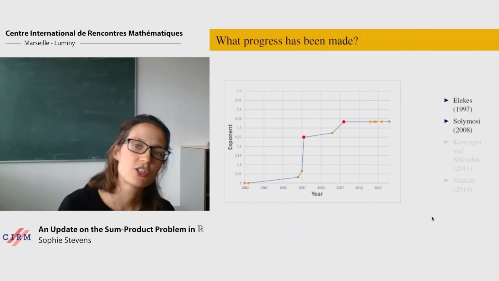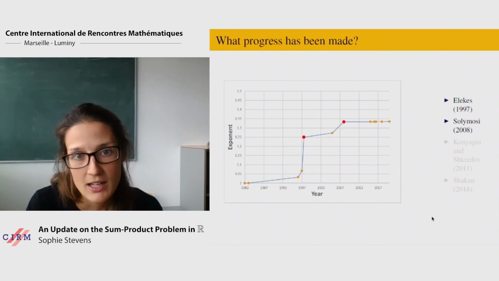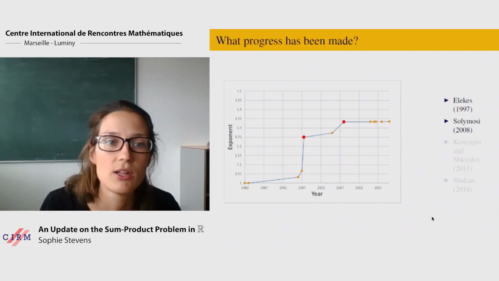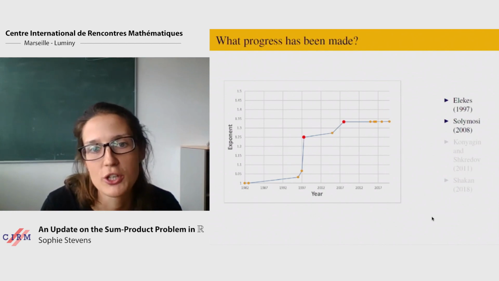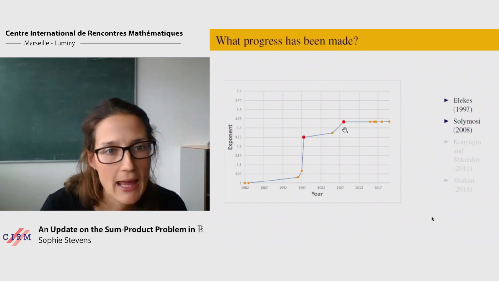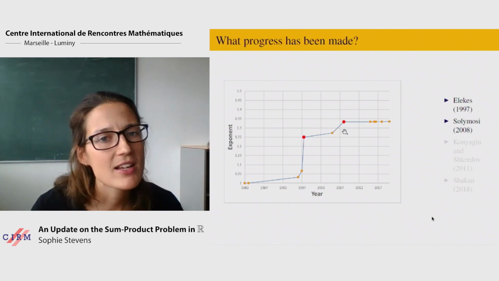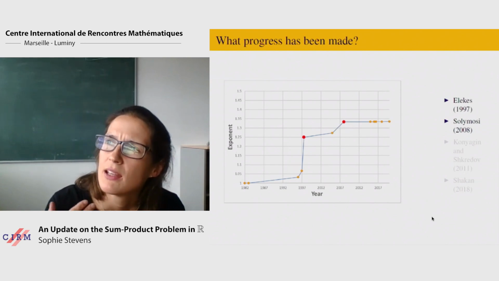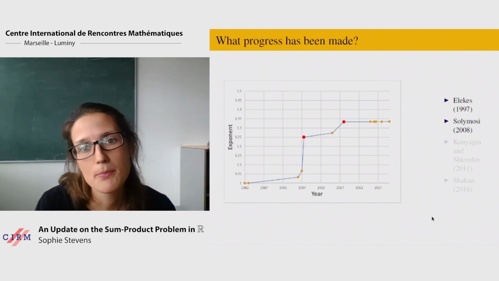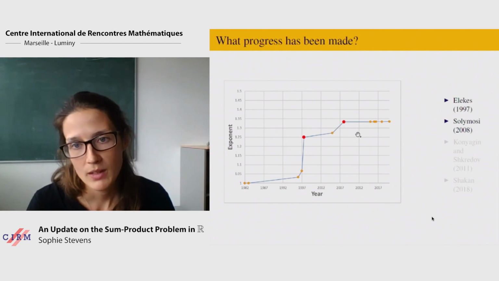He removed incidence geometry, but he kept the argument of his sum product exponent as a very geometrical argument. So it's really proof by picture. And this gave an exponent of 4/3. So 4/3 is not quite the threshold, because it's been beaten, but it's the main number of the threshold.